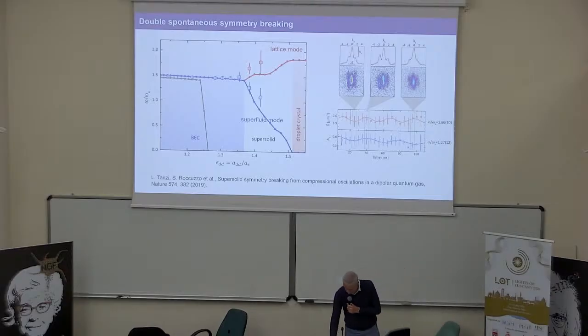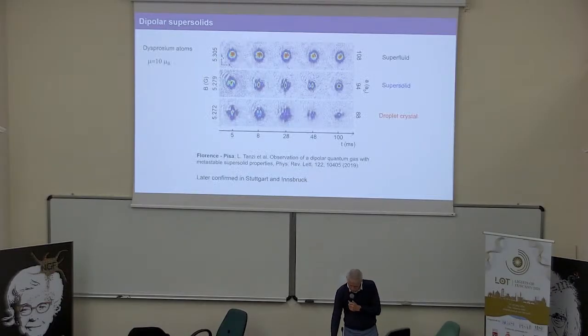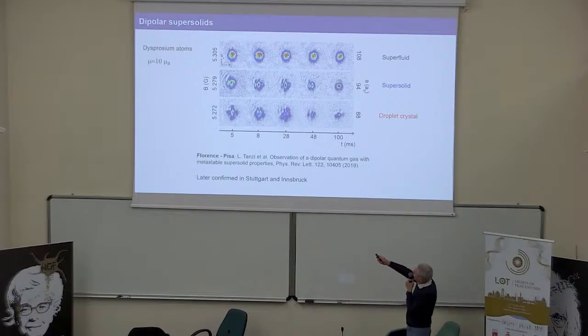So this was the first evidence of the supersolid phase. Here we checked that the system was coherent simply by waiting for some time and checking that the phase of this modulation was constant over time.